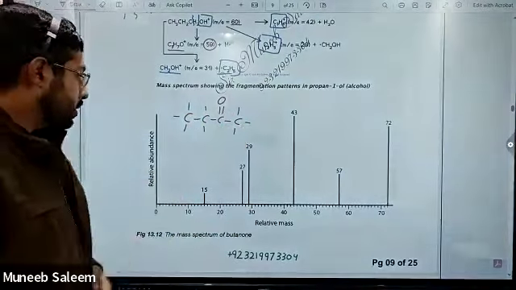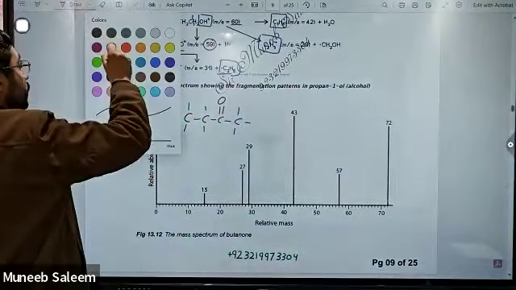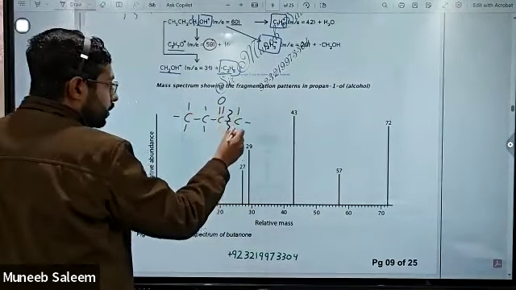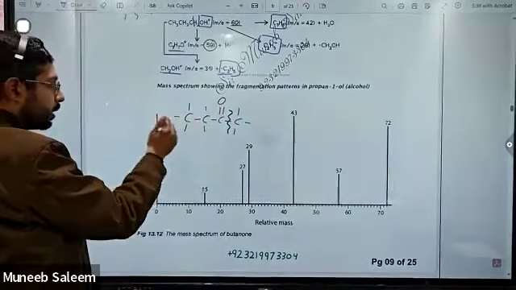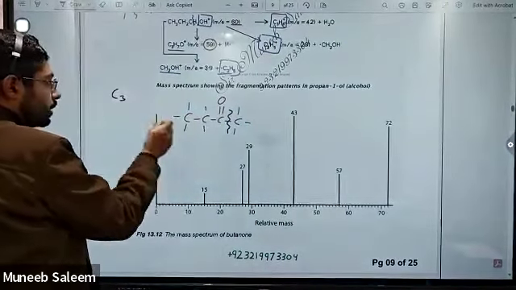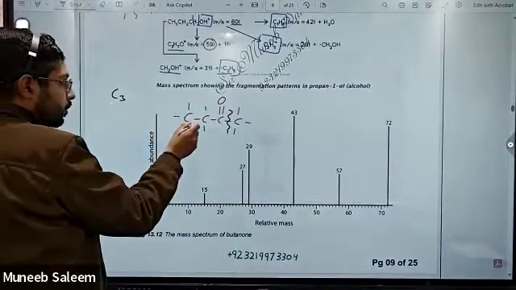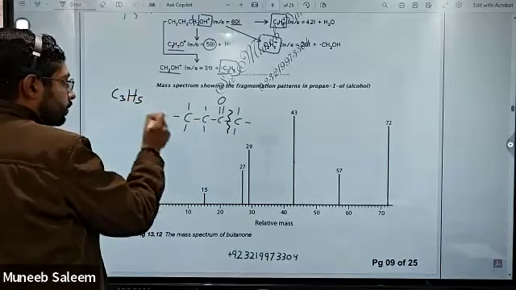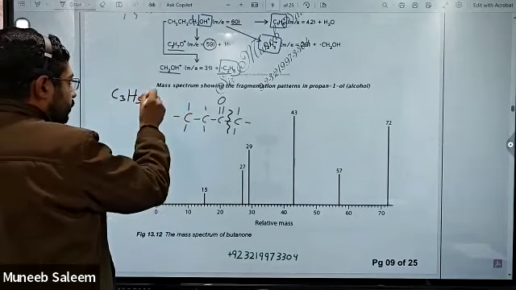Okay, so when fragmentation is done from this point, you will get methyl from this side and then 3 carbon atoms, 5 hydrogen atoms, C3H5, and then 1 oxygen atom.